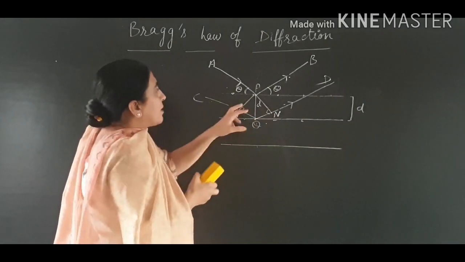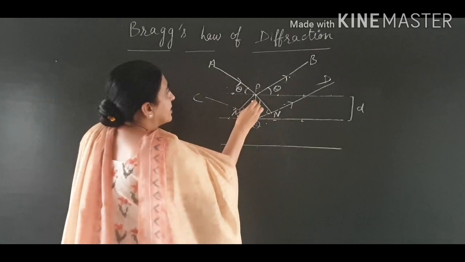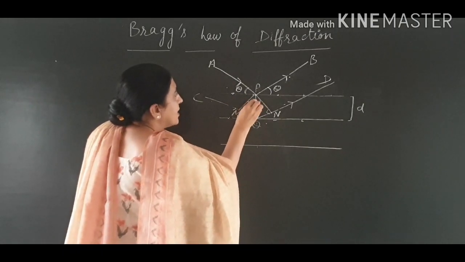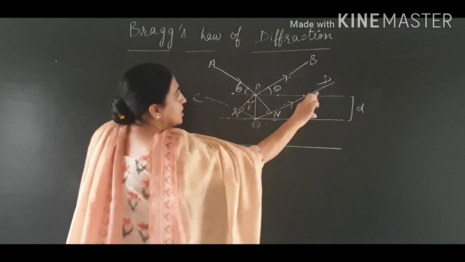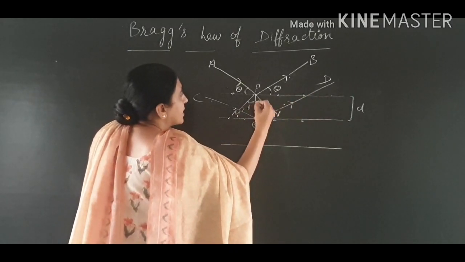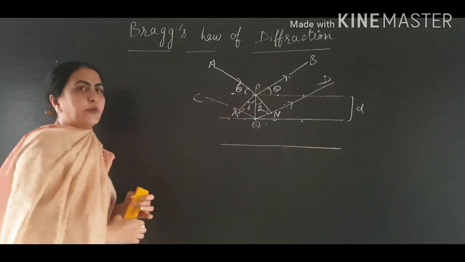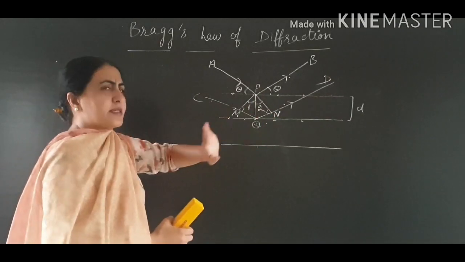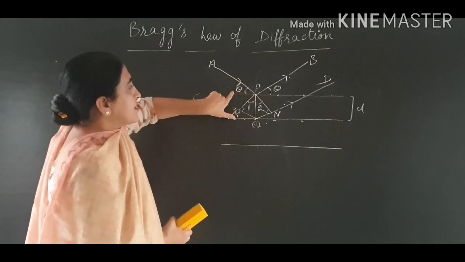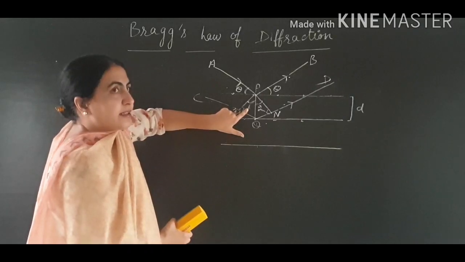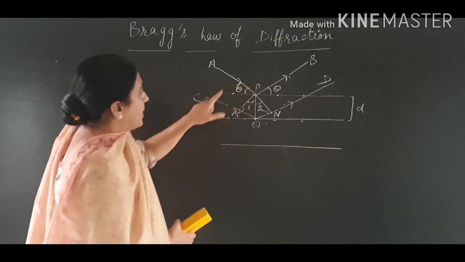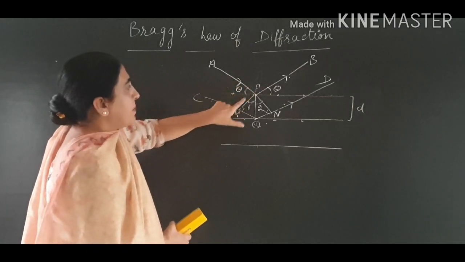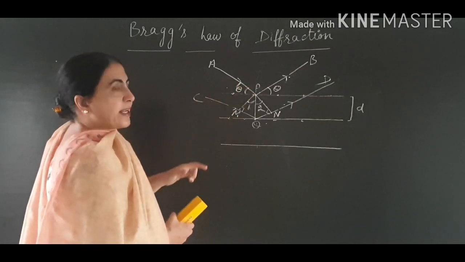Now what about this small angle? Take this angle as angle 1 and this angle as angle 2. What about 1 and 2? Yes, 1 and 2 are the same because this is theta, this is theta. How is this theta? Because angle APM is 90 degrees.